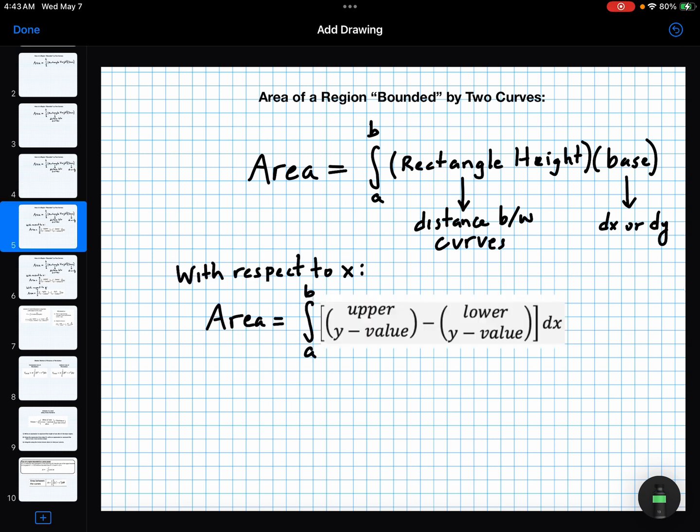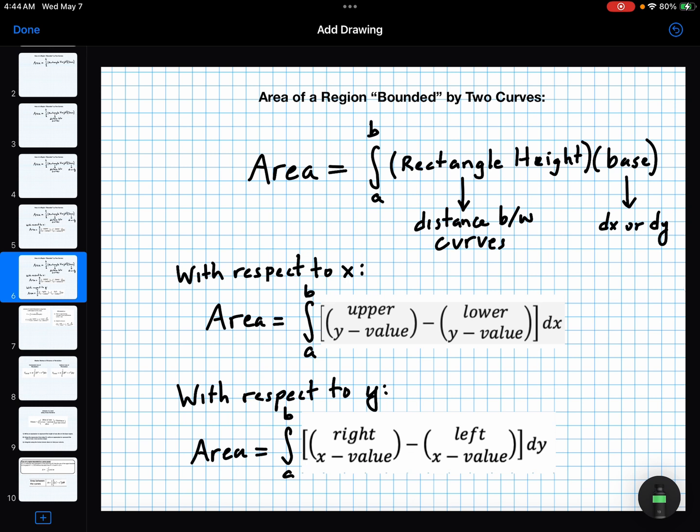All right, so with respect to x, your area is going to be that same formula, but again, the height of your rectangle is upper y value minus lower y value, and with respect to y, the height of the rectangle is now laying horizontally in the image, and it's the right x value minus the left x value. It's also important to note that your limits of integration match the variable.